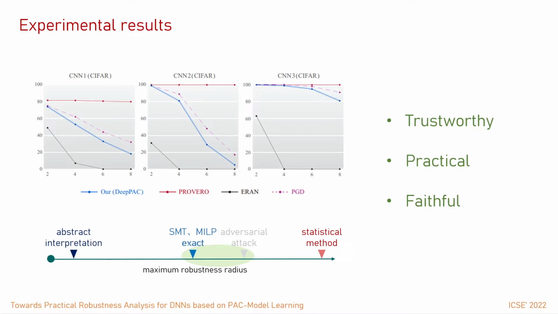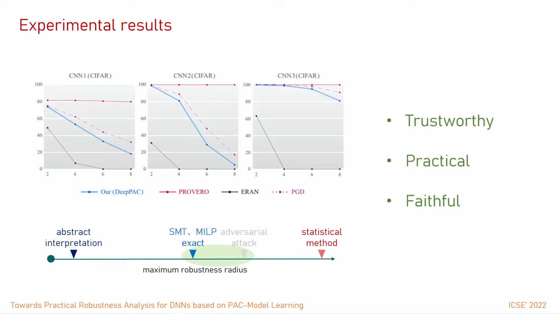Provero results in a robustness rate that is even higher than the upper bound estimation from the PGD attack. And its robustness rate estimation hardly changes when the robustness radius increases. Iran is too conservative, as the estimation quickly becomes unusable as the radius increases.